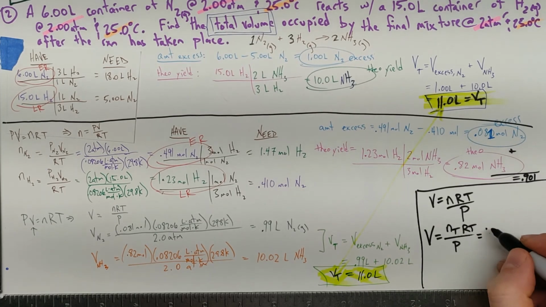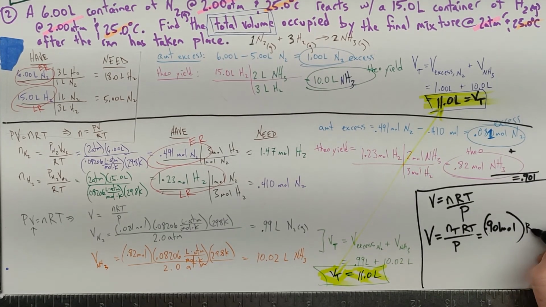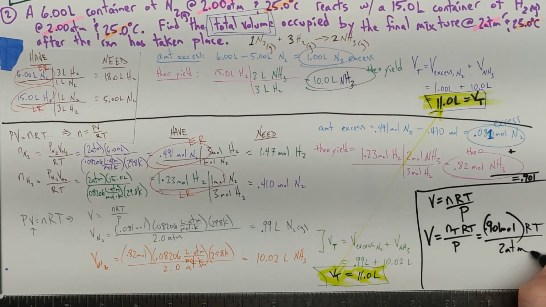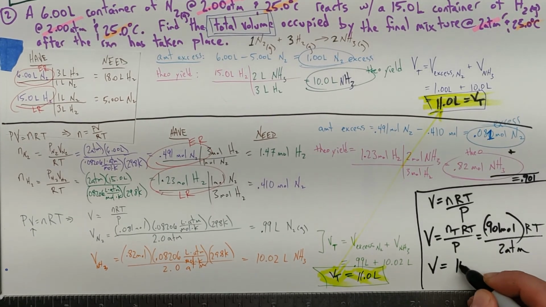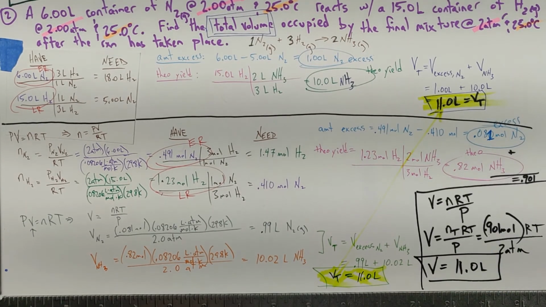And so we'll do that, 0.901 moles. I'm just going to write R because I don't have room. I'm just going to write T, and it's 2 atmospheres. And we do end up, again, our volume equals 11.0 liters. It's a true story.